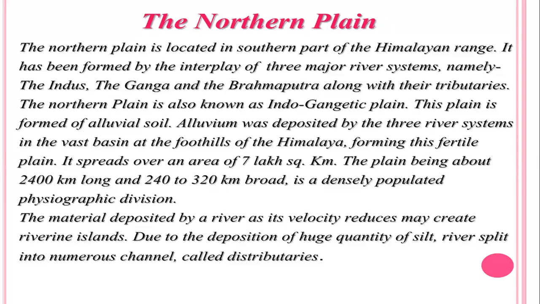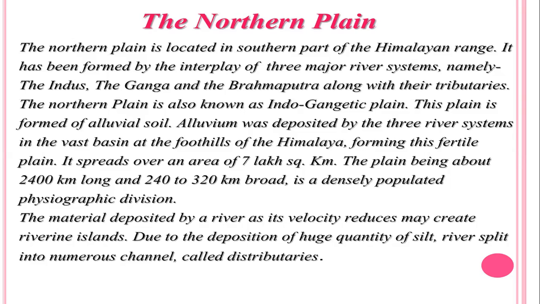This plain is formed of alluvial soil. Alluvium was deposited by the three river systems in the vast basins at the foothill of the Himalaya, and that forms this fertile plain. It spreads over an area of 7 lakh square kilometers. And the plain is about 2,400 kilometers long and 240 to 320 kilometers broad.